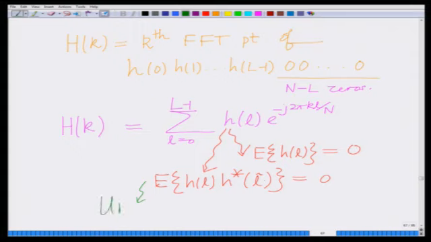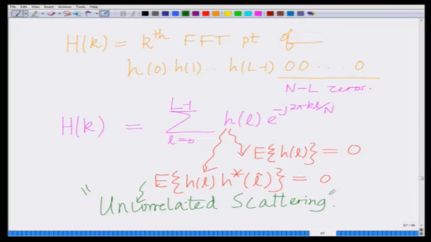This is termed as the uncorrelated scattering assumption.